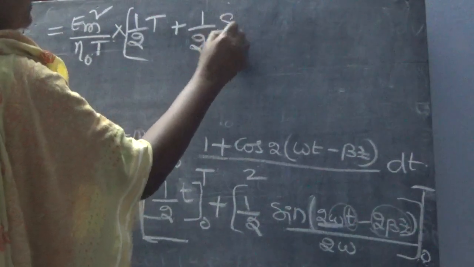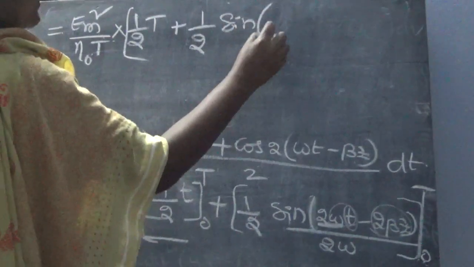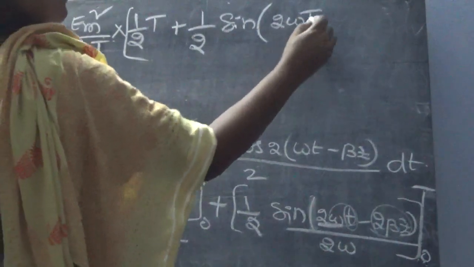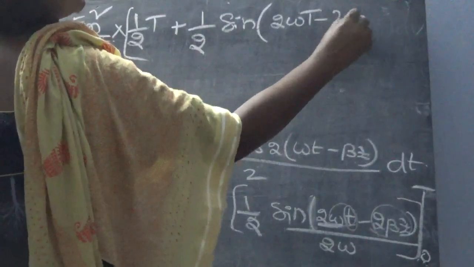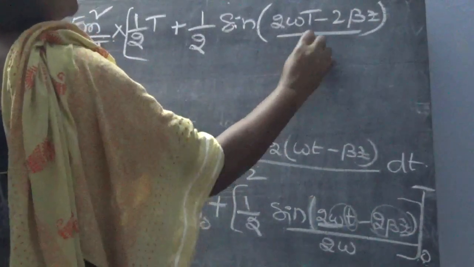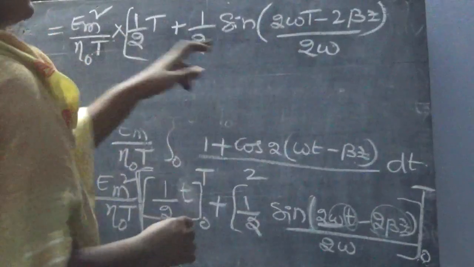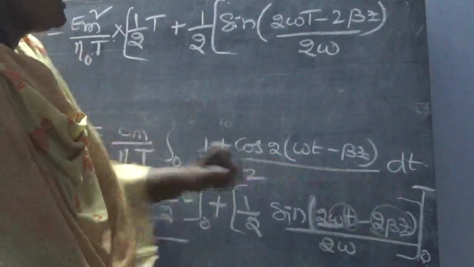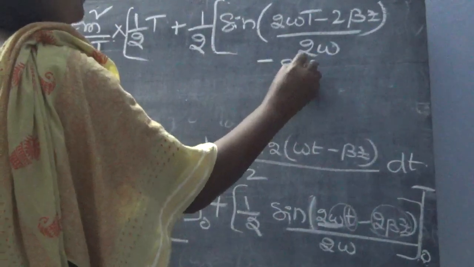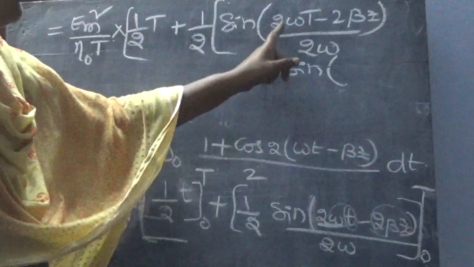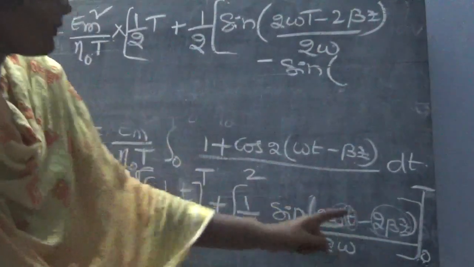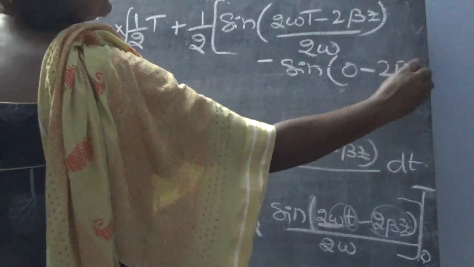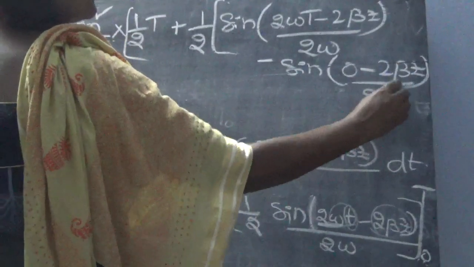Sin of 2 omega capital T minus 2 beta z, by 2 omega. ఇదేంటి? అప్పర్ లిమిట్ మైనస్ sin of 2 omega into 0, లోవర్ లిమిట్ అప్లై చేయాలి, అంటే 0 minus 2 beta z by 2 omega.